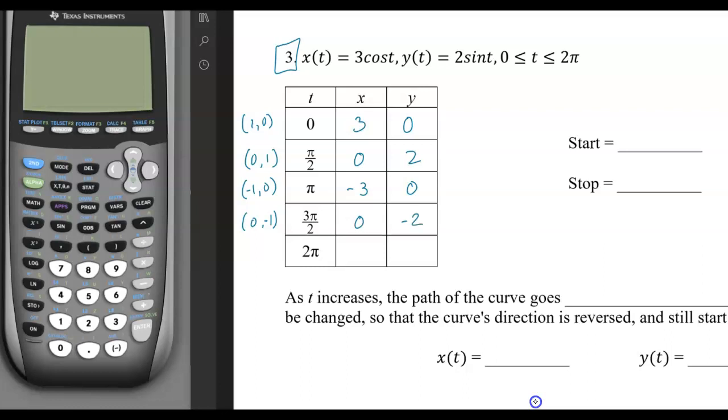And then remember, 2 pi is the same as 0. So what's my coordinate point? 3, 0. Good. Our start is the initial point with a time of 0, so 3, 0. And our stopping point is the last time they give us, which gives us the point 3, 0.